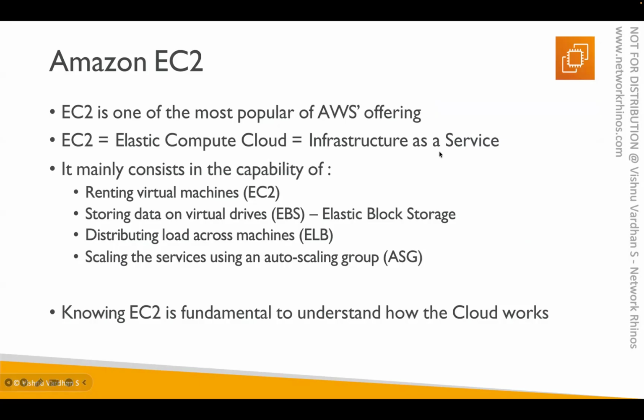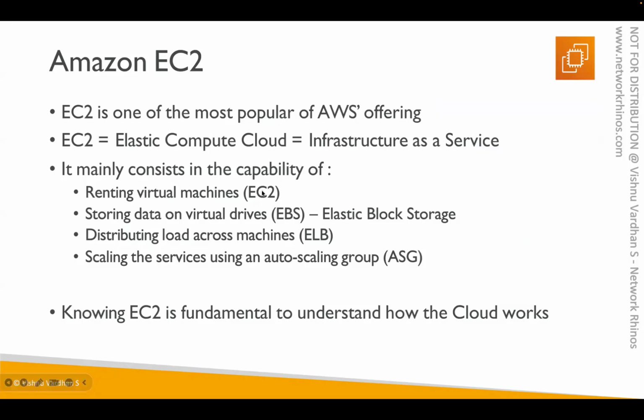It's very simple, guys. Imagine you want to rent a Windows machine or Linux server or a MacBook Pro laptop from Amazon. You can rent it using EC2 services. It's like a computer you can access, a Linux computer or something like that. So renting a virtual machine is called EC2.